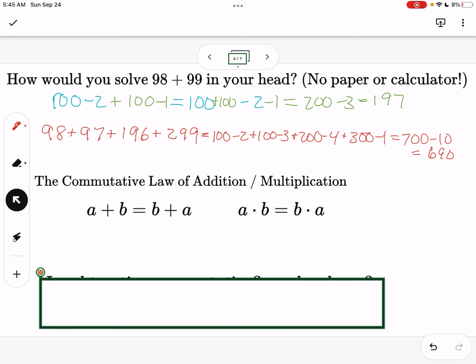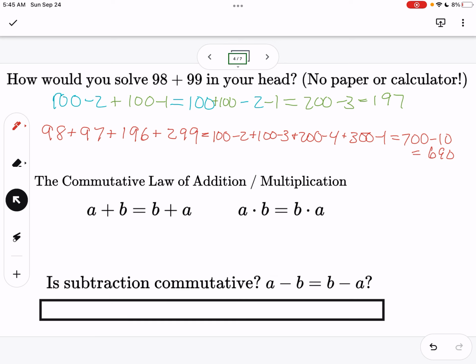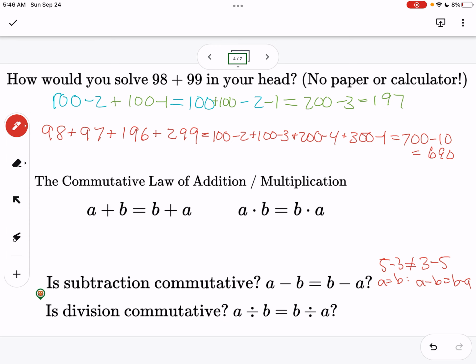Is subtraction commutative? That is, generally speaking, is A minus B going to equal B minus A? Well, generally speaking, no. 5 minus 3 is not going to equal 3 minus 5. Now there is an exception. If A equals B, then A minus B will equal B minus A. And then, is division commutative?